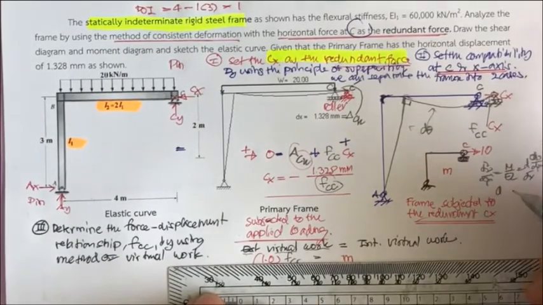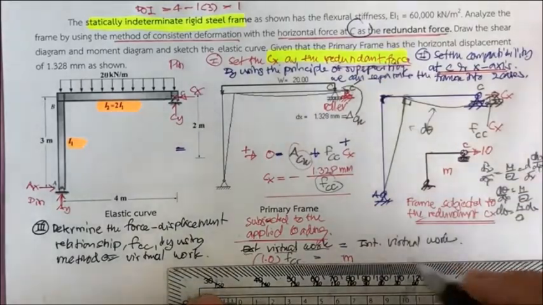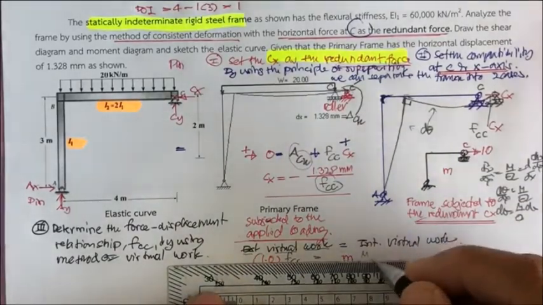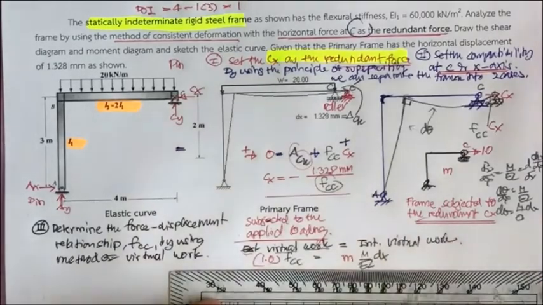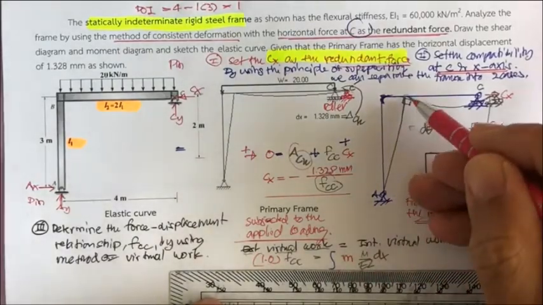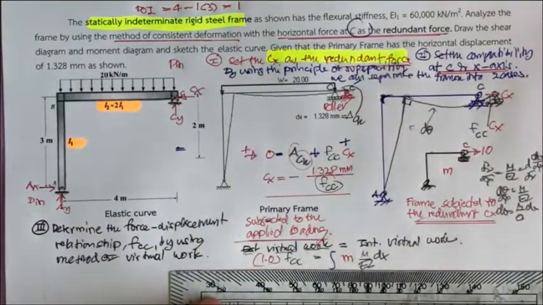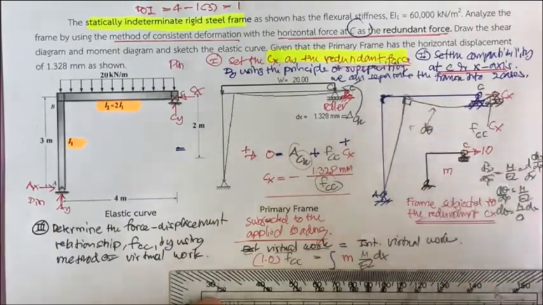So d theta by dx equals M over EI, and d theta is M over EI dx. Now, it's going to be M over EI dx and the integration, due to the continuous deformation of this frame.